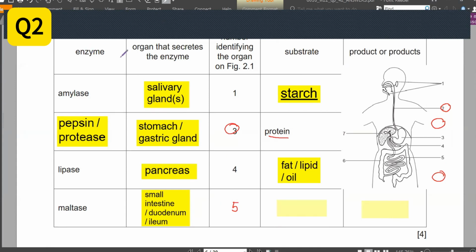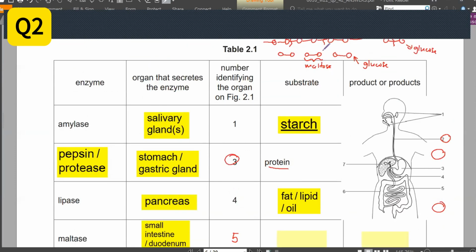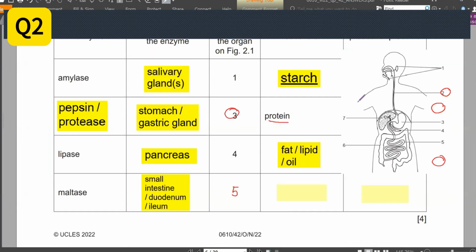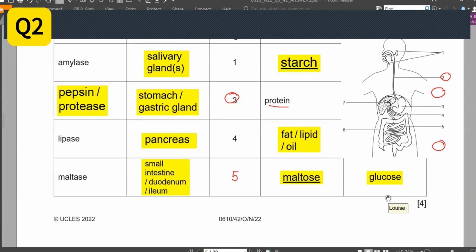And then the substrate. Just now we already mentioned, breaking down the maltose. The function of maltase is to break down maltose into individual glucose molecules. So our answers for this part will be maltose and glucose.